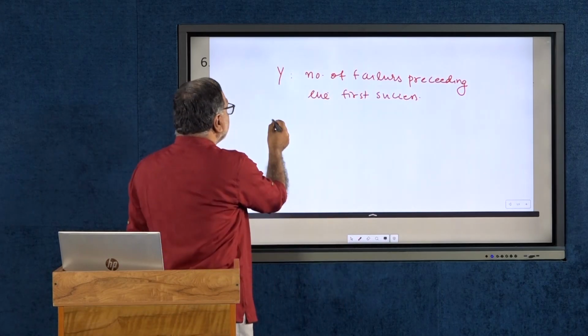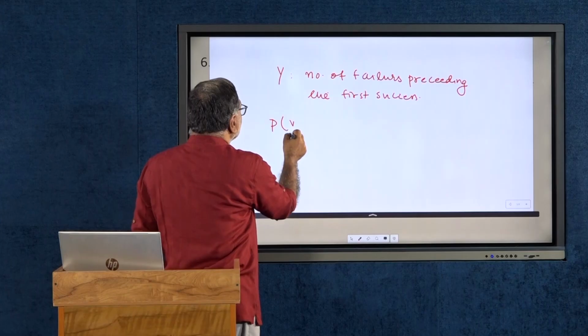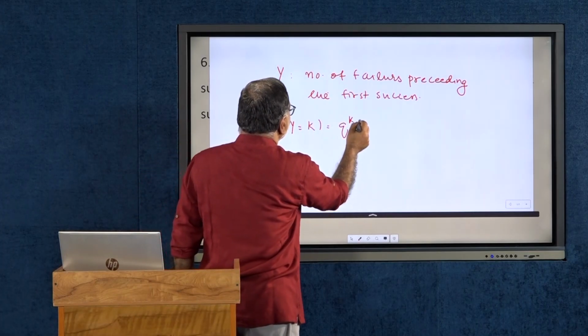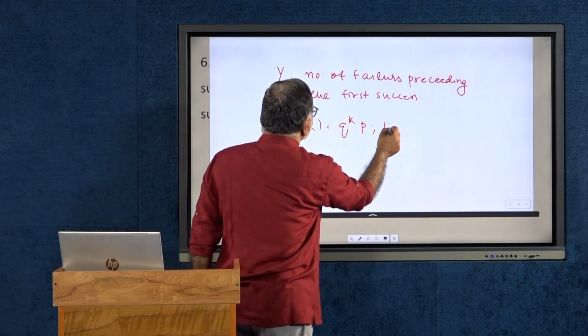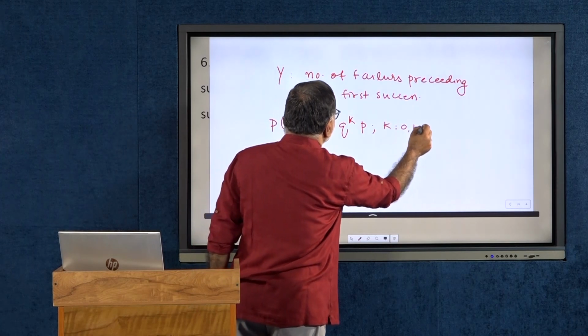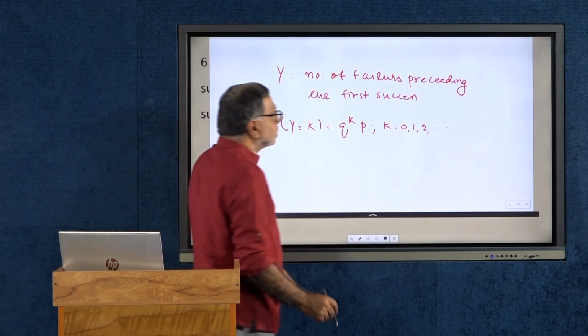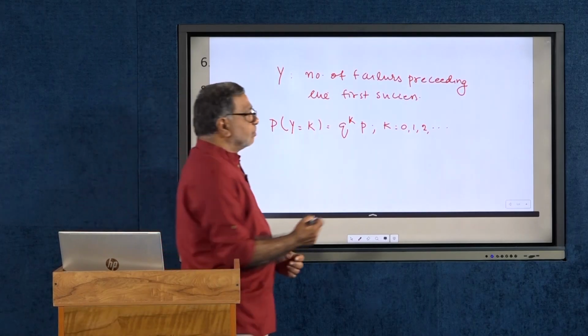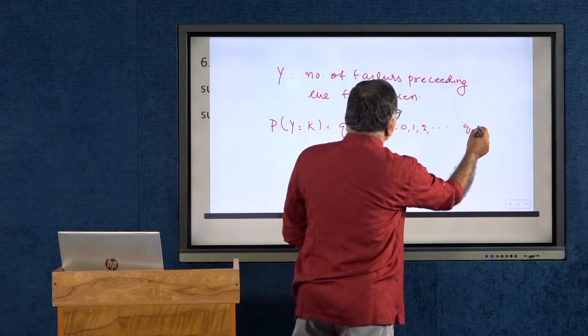Okay. So, that means the probability of y equal to k is equal to q power k into p, where k is equal to 0, 1, 2, 3, etc. This is given, where p is the probability of getting success, and q plus p is equal to 1.